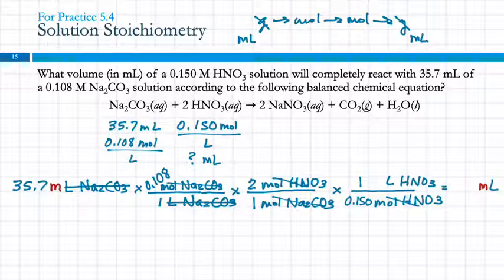So chemists use solutions a lot. It makes the calculations go much, much faster because you don't have to calculate molar masses all the time. So now I just punch these numbers in my calculator. 35.7 times 0.108 times 2 divided by 0.15.